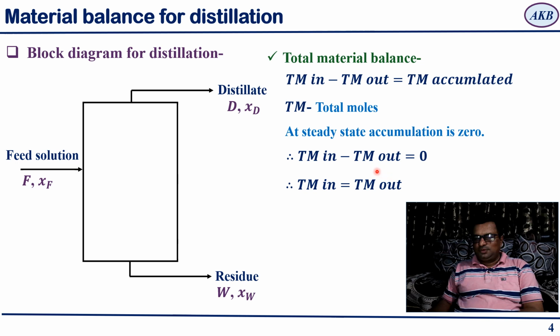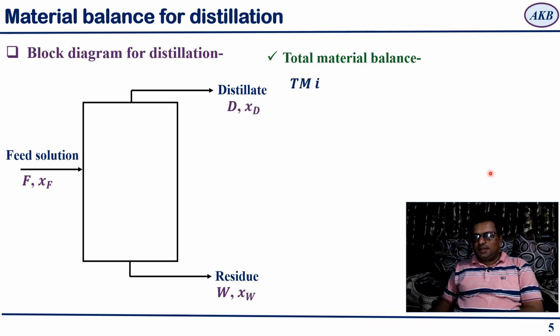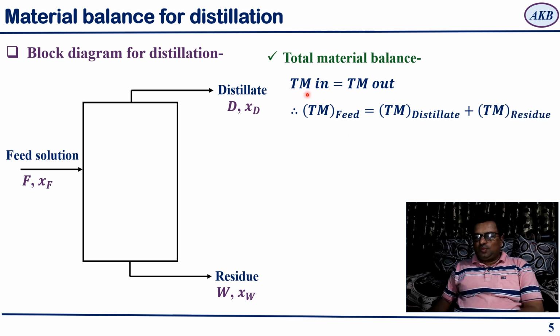Next we will write it in mathematical form. So now we know the total material balance under steady state conditions is simply total moles in is equal to total moles out. Now let us write the total moles that go into the operation, and on the other side, the total moles that come out of the operation.